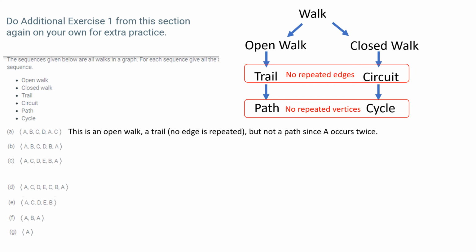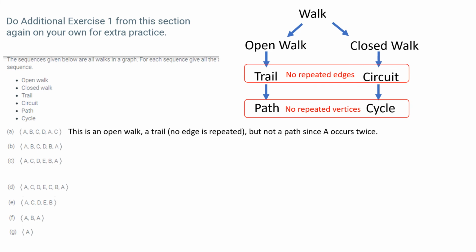Okay, B, A, B, C, D, B, A. Well, we would say it's a closed walk because it starts at the same place as it ends. So it's a closed walk. Is it a circuit? It's a circuit if there are no repeated edges. Well, this one's pretty easy to see.